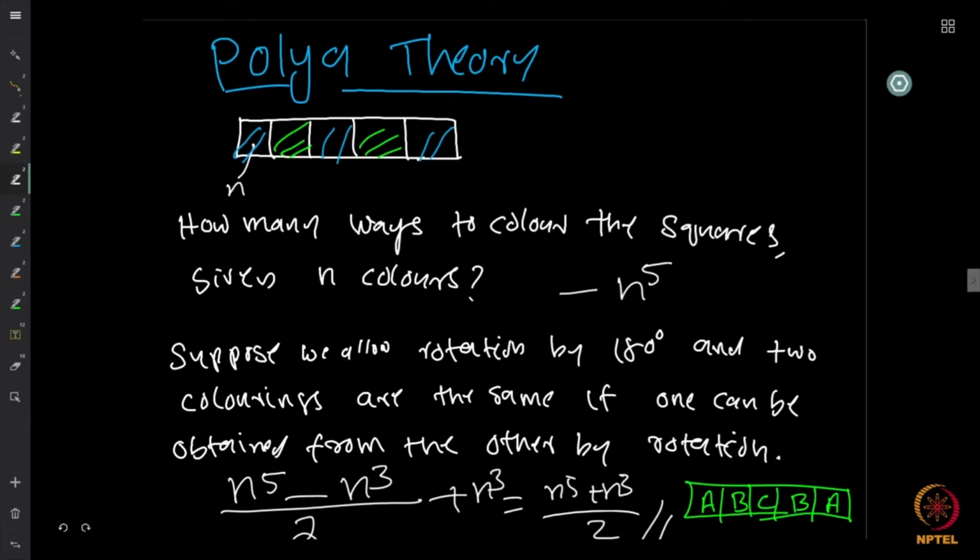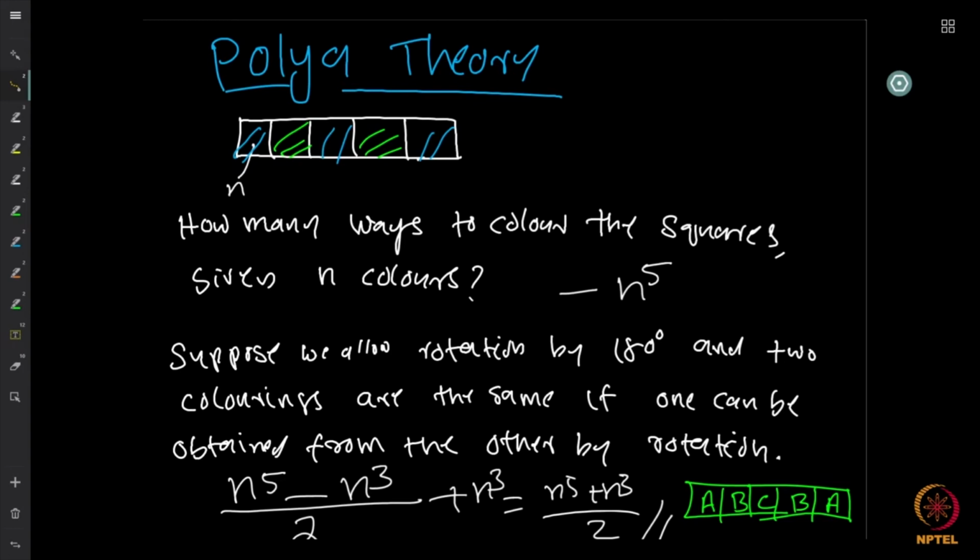For example, I can say that this rotation is basically like I'm permuting this square, right, going here, and this square going here. Similarly, this one going here and this one going here, and this square is mapped to itself. So such permutations, right, will give you the effect of rotation.